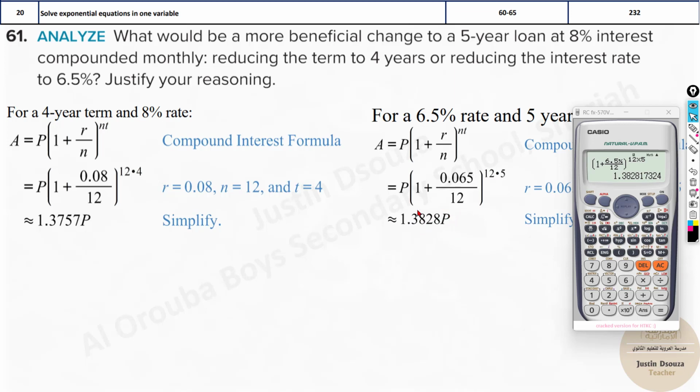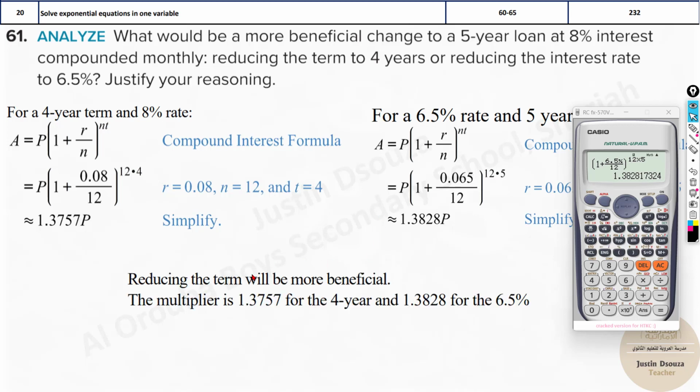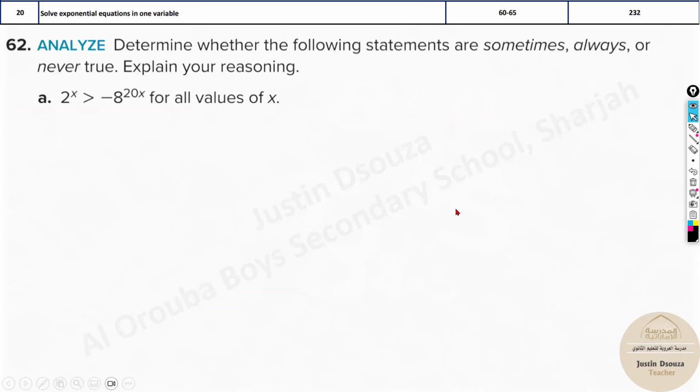If it is 10,000, it will be 13,800 something ultimately when you pay back after 5 years. Whereas if you take it within 4 years, it will be 13,700. You're going to save a little bit. This is less than this. So reducing the term will be more beneficial, because ultimately when you pay in 4 years, it will be this multiplier, so it's lesser than the other one. That's the answer. That's it.